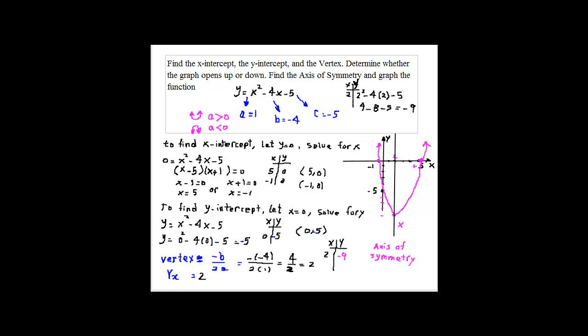The vertical line that passes through point 2 on the x-axis would have the equation x equals 2. Very good. So these are all the parts for graphing this problem.